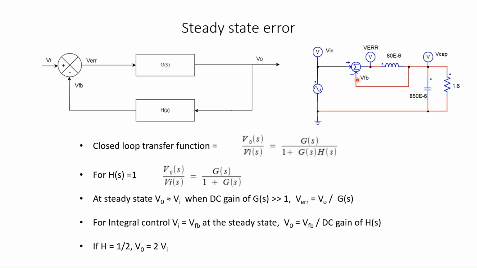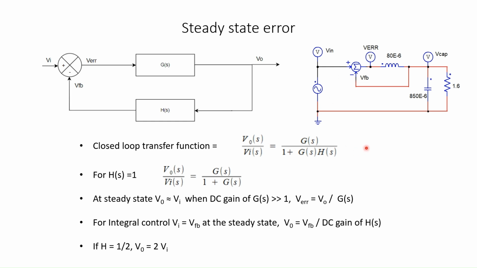The capacitor voltage is subtracted from the reference voltage, and that's the error. The error is applied to the LCR circuit, and that produces a steady state capacitor voltage. The idea is that the capacitor voltage should be equal to the reference voltage at the steady state.